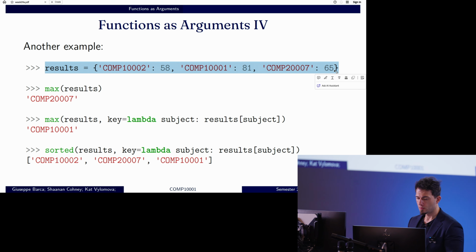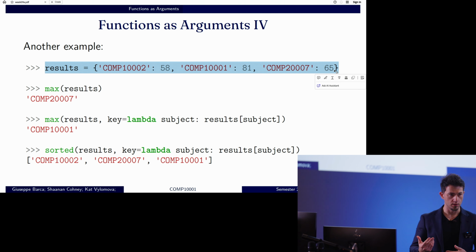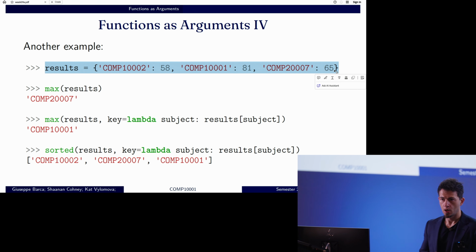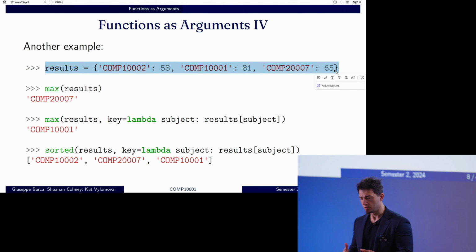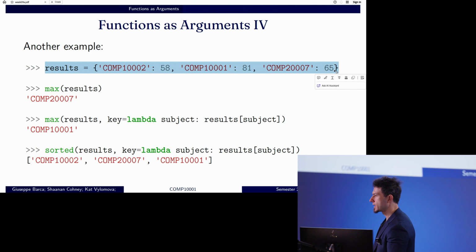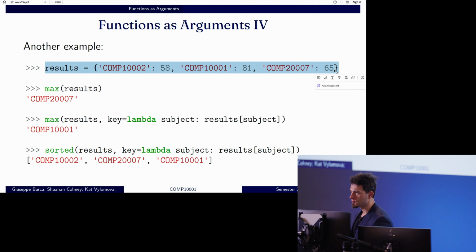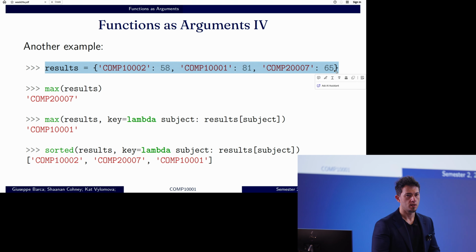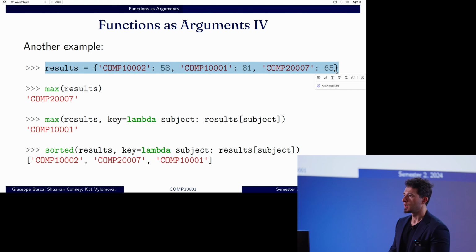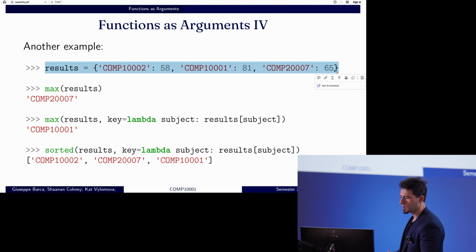If we run max on the results dictionary, it's going to return a string which is associated with the key, because the key is a string, and is going to return specifically the key that has, according to the Unicode points, the highest value.